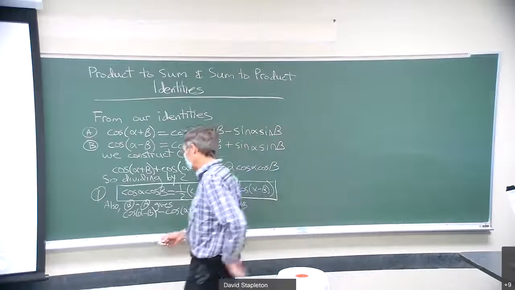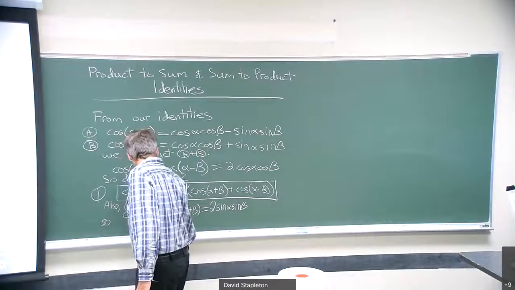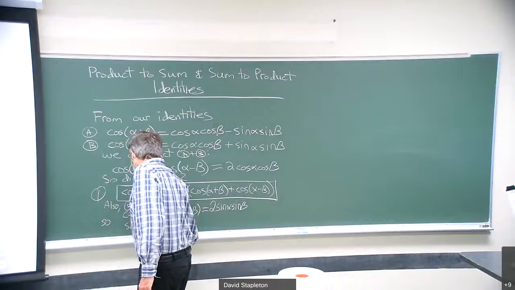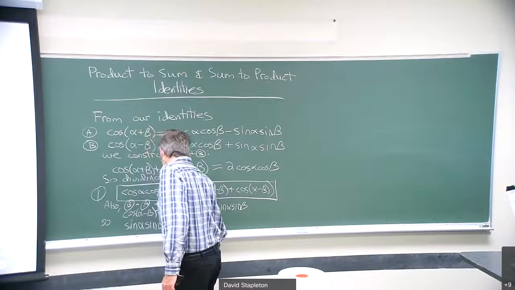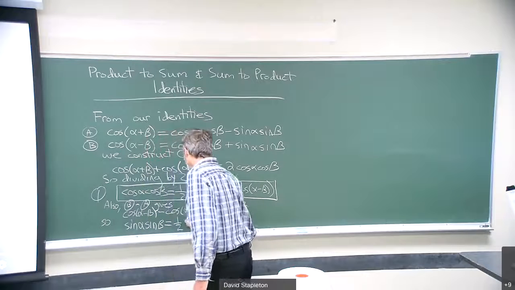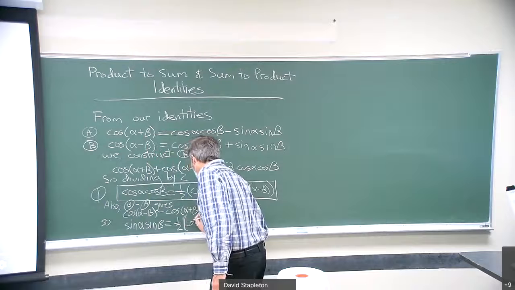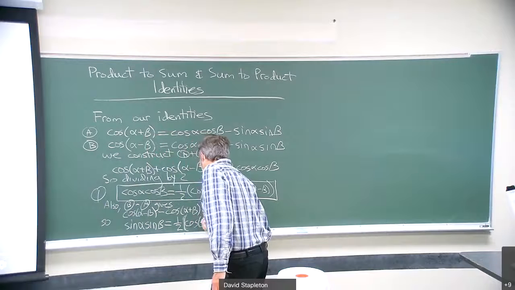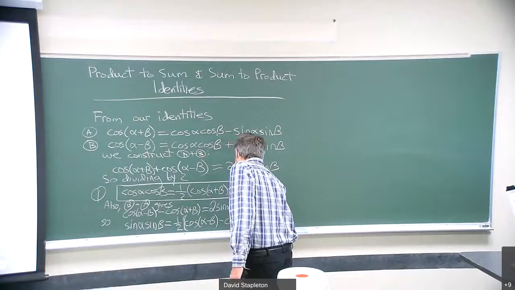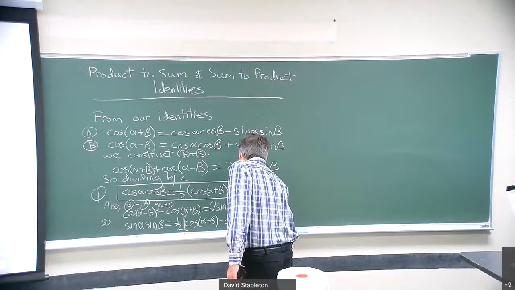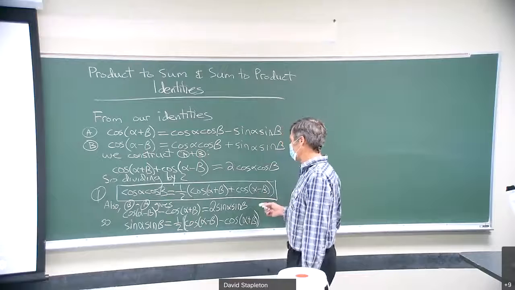So switching sides and dividing by 2, I get sine alpha sine beta equals 1/2 of cosine alpha minus beta minus cosine alpha plus beta. So a lot of times I don't tend to memorize these exactly as they are.